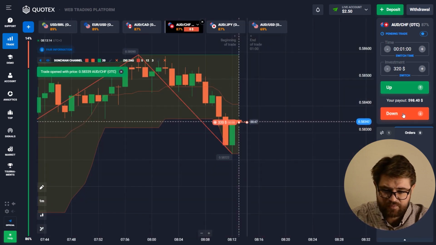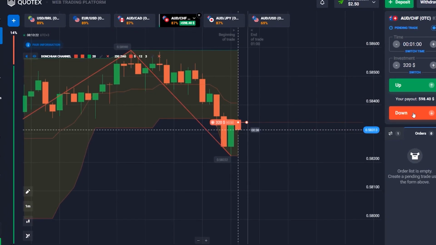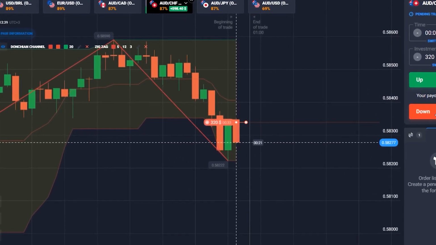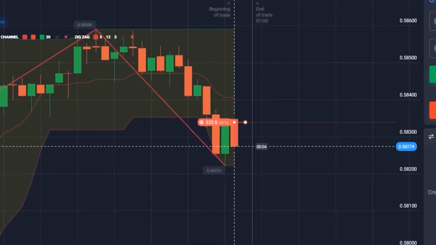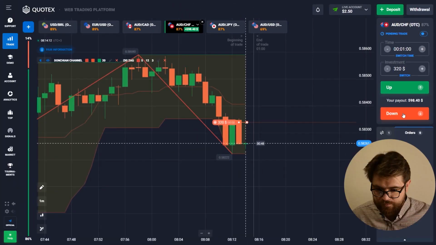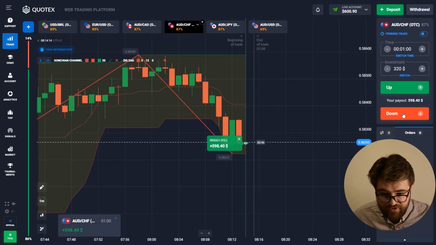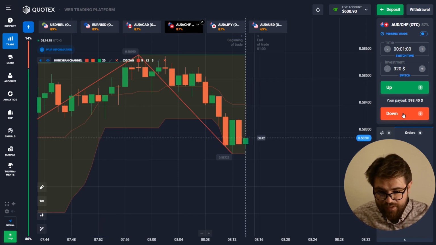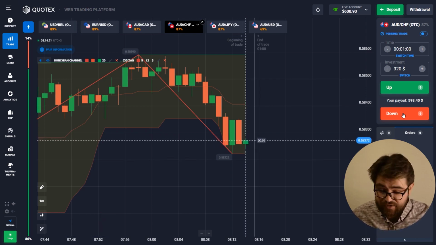Okay, we're gonna go with this put option. And here is the profit. It's $600. It was $590 something.